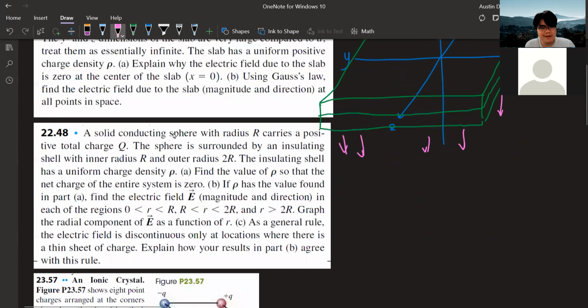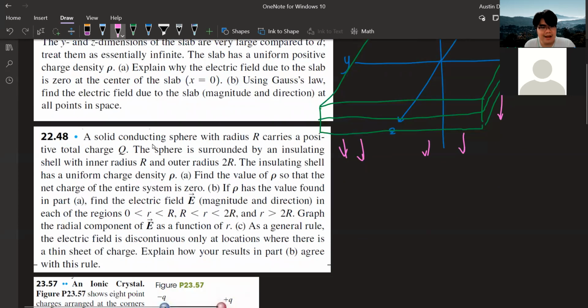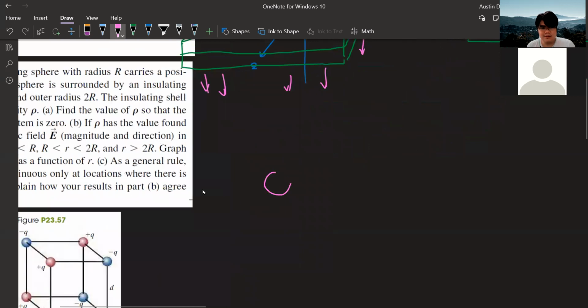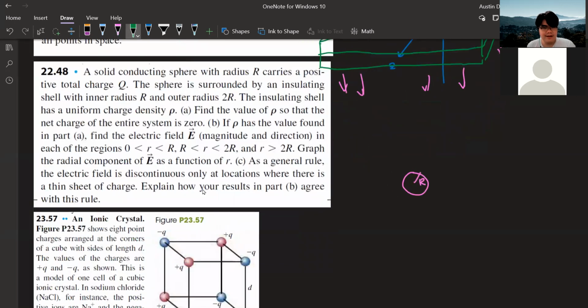Next would be, let's do this. Meron tayong solid conducting sphere with radius r that carries a positive total charge. Conducting sphere with r, total charge q. Gawin natin. So, ito ay r. Meron siyang positive q. And then it is surrounded by an insulating shell with inner radius r and this is 2r.